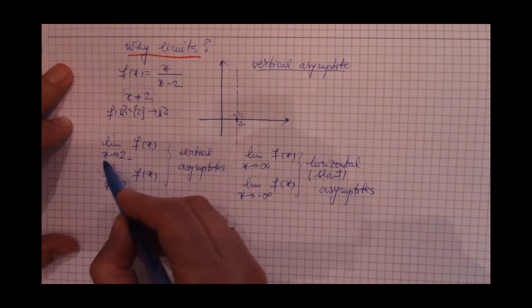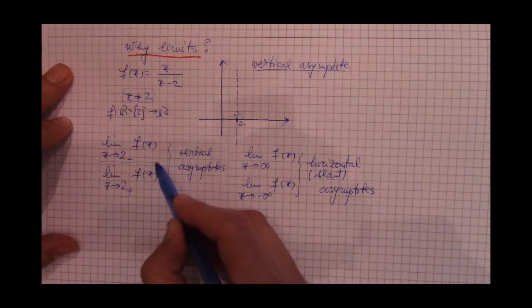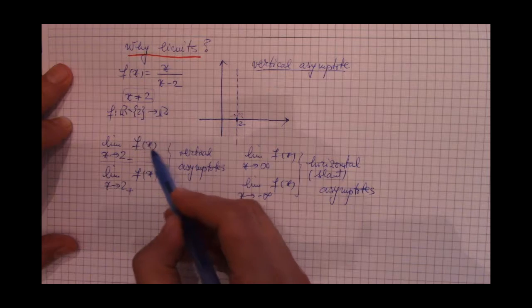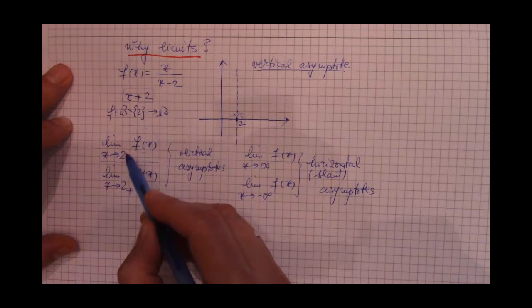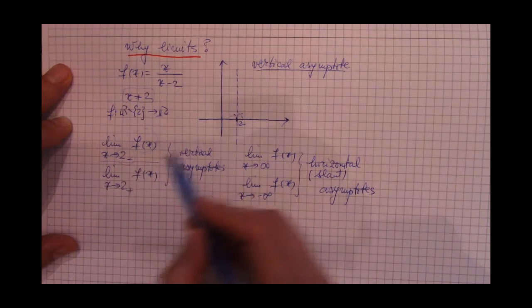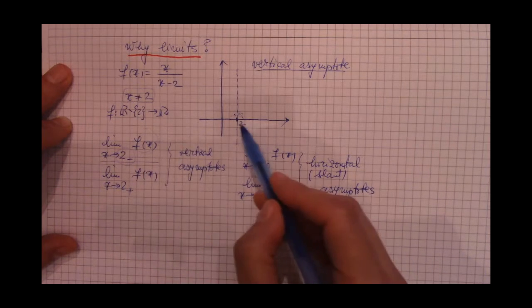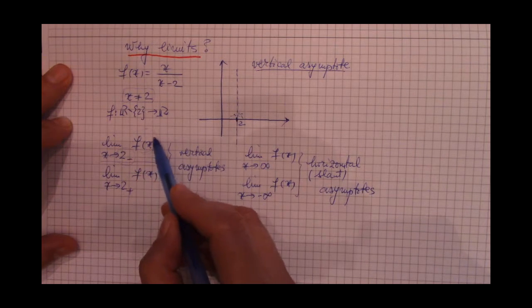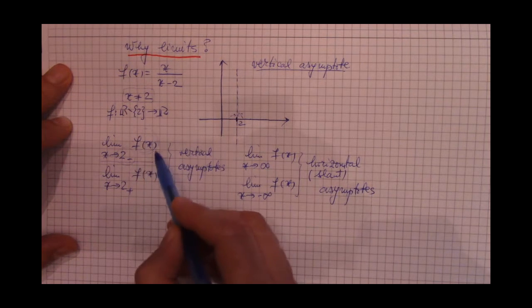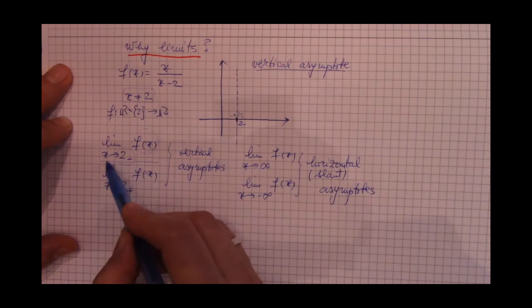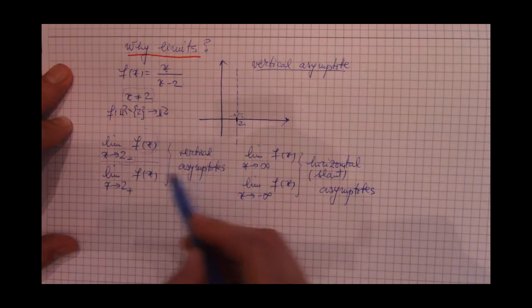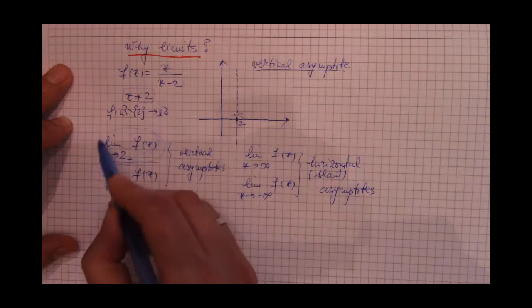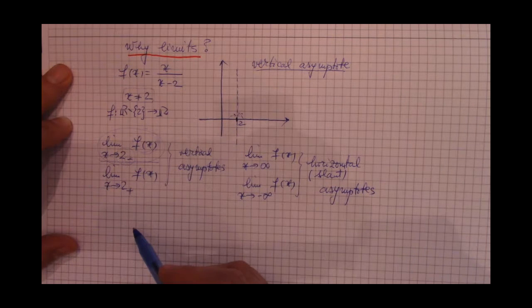So really what we need to do is compute these side limits. We need to understand what happens with the value of f of x when we approach 2 from the left, where we have a minus here. This is a side limit that we need to understand.